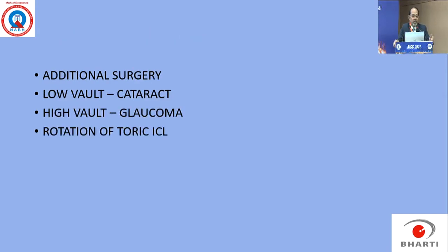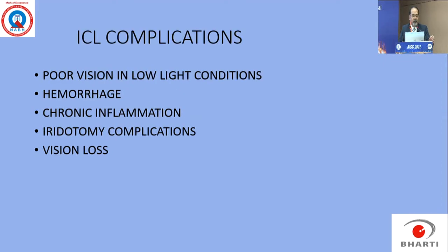The other complications are additional surgery for a low vault patient, a cataract, high vault, a glaucoma, and rotation for toric ICL where it has rotated. In the majority of patients where the toric ICL rotated, you have to consider replacing it with another ICL, because it will rotate only if there is undersizing of the ICL.